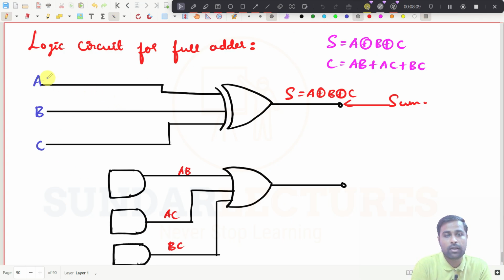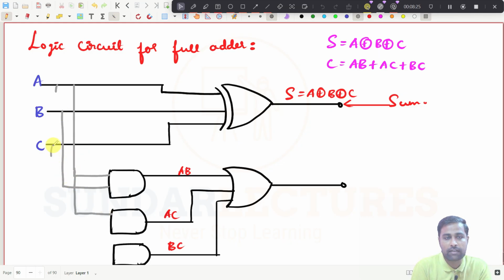So I can give the connections straight away. I can connect from A to this one, and from B I can connect like this, and from A again I can connect to this one, and from C I take from here and give it to here, and from B I can take from here and connect this one, and from C I can take from here and connect this one.